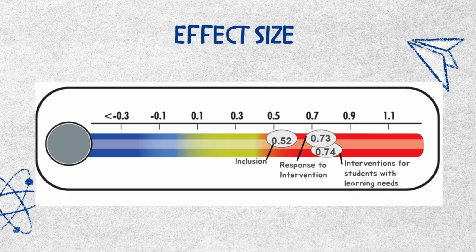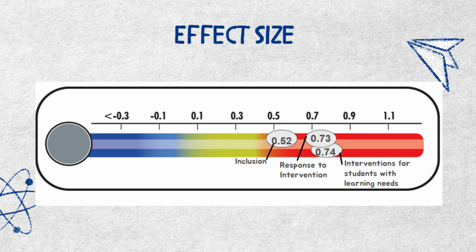This highlights the power of early intervention and tiered support systems. And for interventions specifically designed for students with learning needs, we see an incredibly impactful effect size of 0.74. This is fantastic news, showing that our tailored efforts for these students yield significant results.